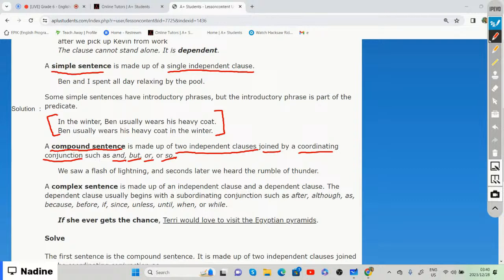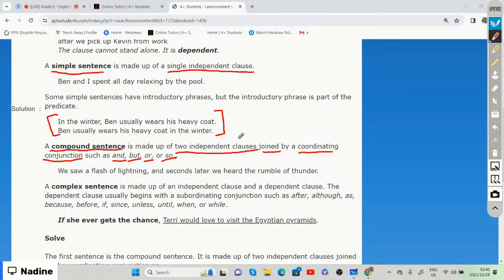And that is so as not to confuse you, right? So we said a compound sentence is made up of two independent clauses, which means that both of these sentences can stand on their own. But we are now joining those two sentences, right? By adding our coordinating conjunction, which is and, but, or. So we can use any one of those.